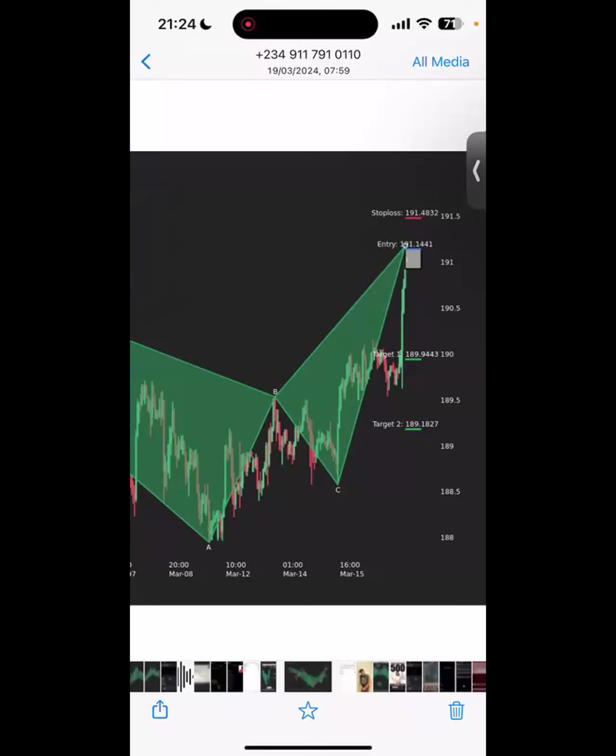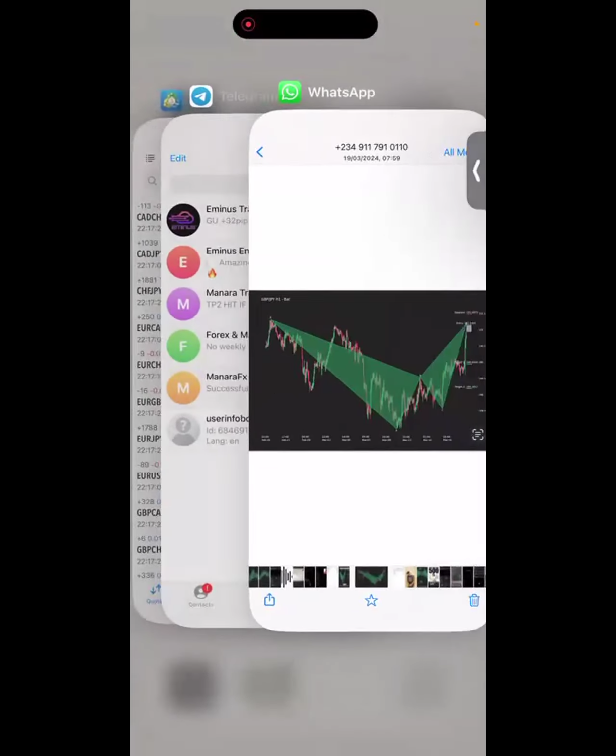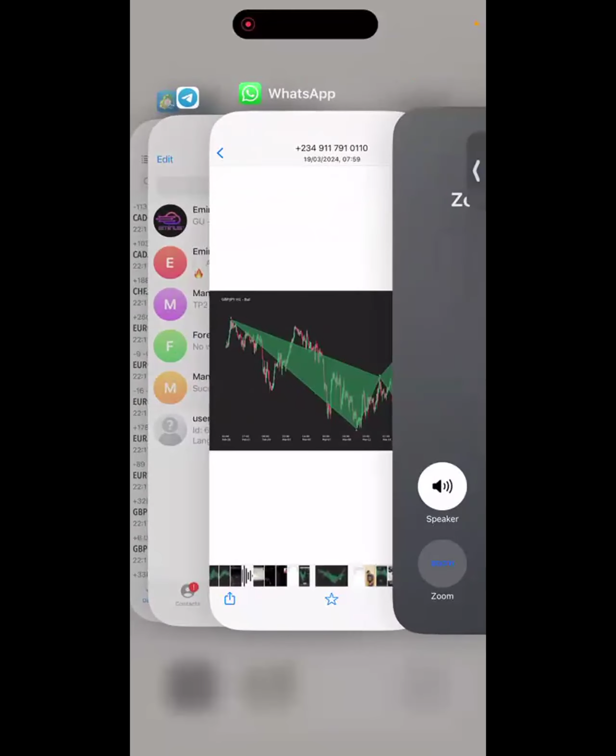So zoom out. Now let's go and try to take this trade idea. Because when you see a Manara trade idea on the WhatsApp signal group, just take it as instant execution. Now let's go and take a trade like this.